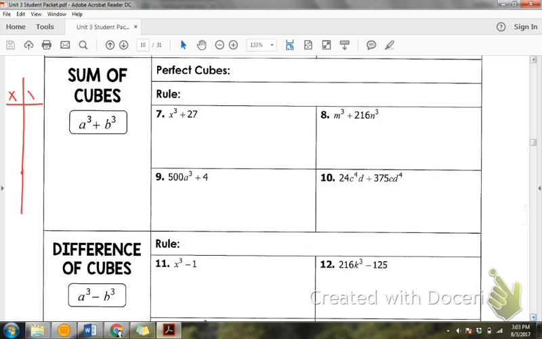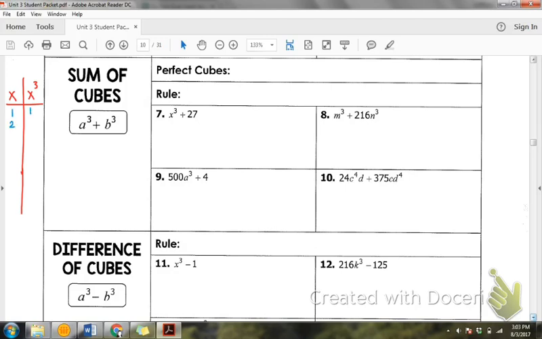X and x cubed. All right, so 1 is a perfect cube, right? 1 times 1 times 1 is 1, just like it's a perfect square. So our first one is going to be 1.